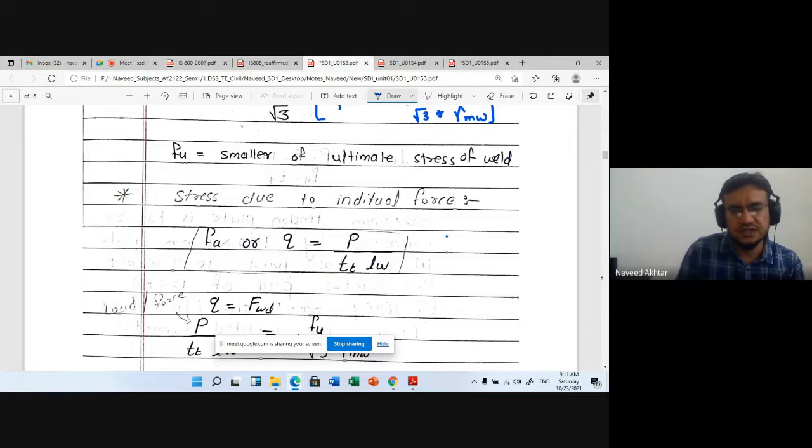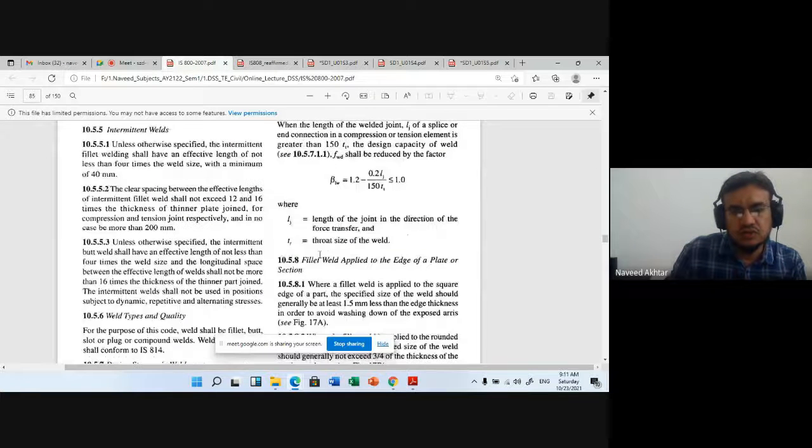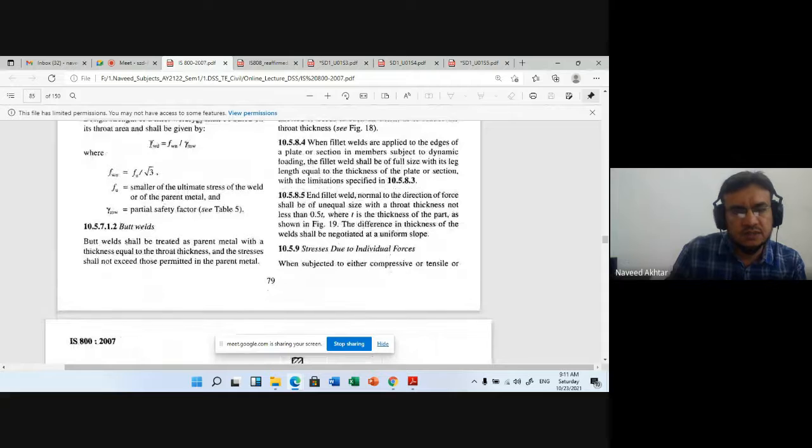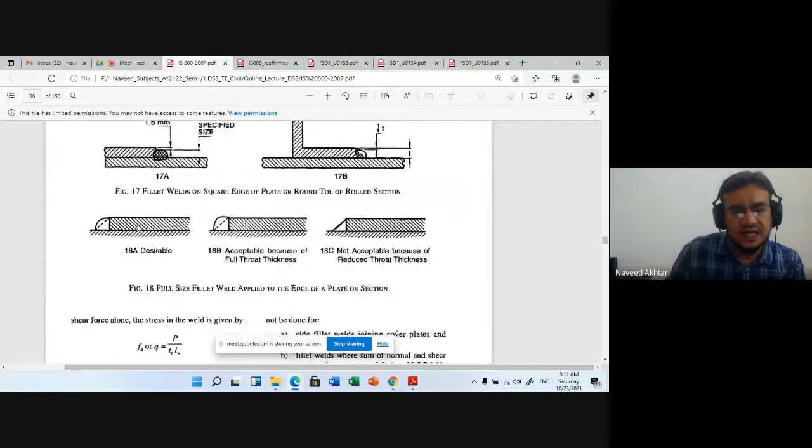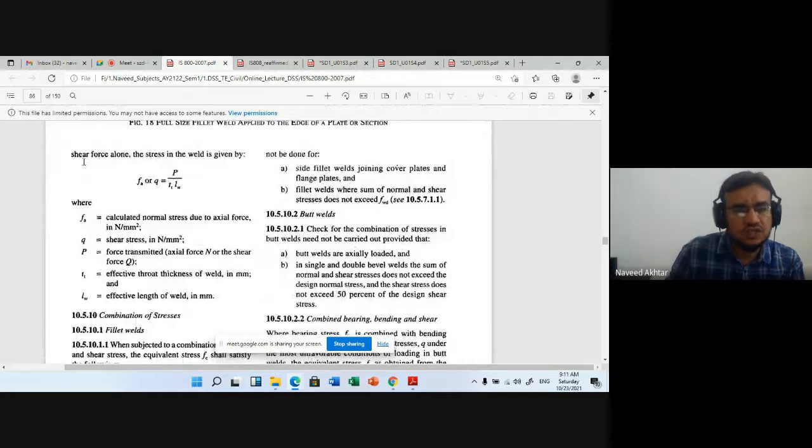And again the stress due to individual force is given in IS code, that is q is equal to P upon TT into LW, and you can see this formula in your IS code also. FWD is given in clause number 10.5.7.1, and again you can see the q, the shear force alone, the stress in the weld is resisted, that is q is equal to P by TT into LW.